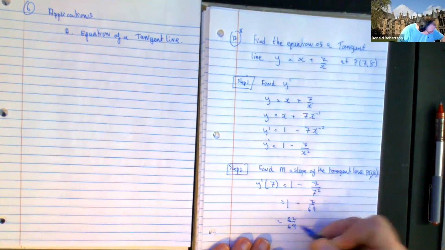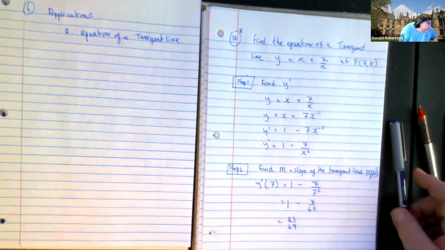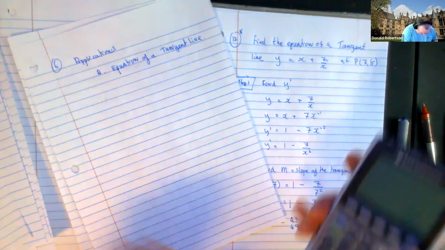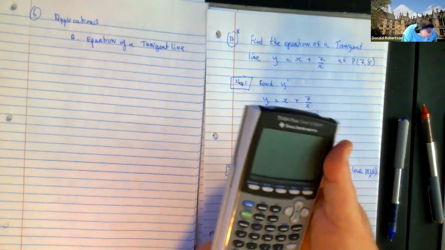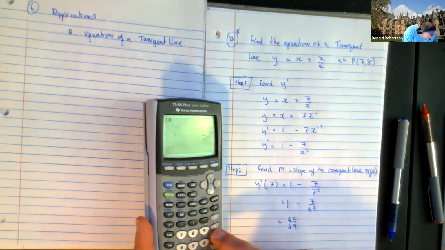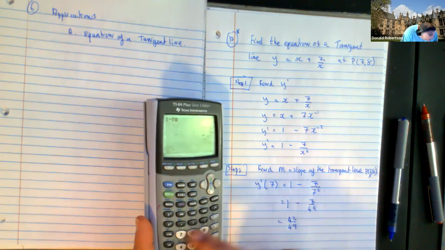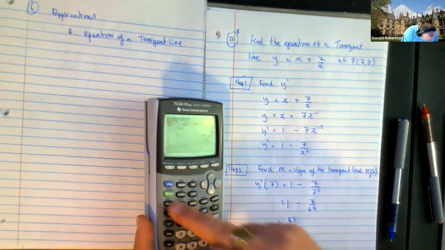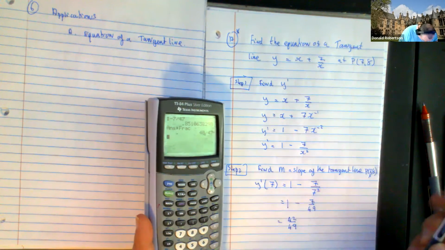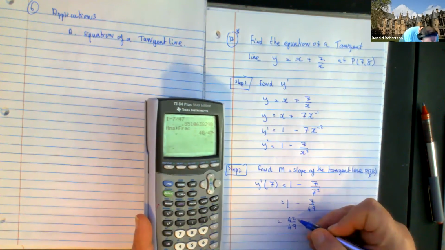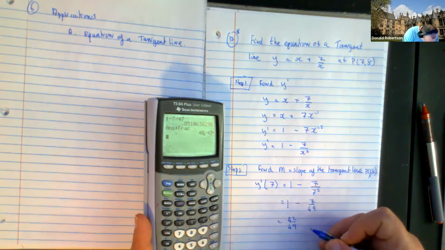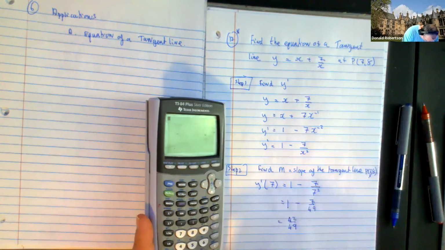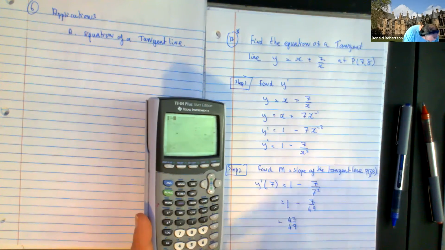49ths. And now I'm going to check that on my calculator. 1 take away 7 49ths. And we get that, and then do math and do fraction. And the answer is, let me do that again. 1 take away 7 49ths.